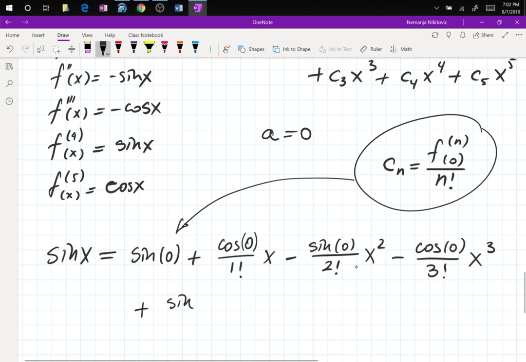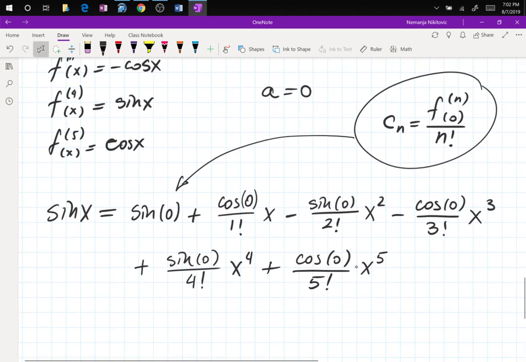So plus sine of 0 divided by 4 factorial x to the 4th. And finally plus cosine of 0 divided by 5 factorial with x to the 5. Every sine 0 goes to 0, killing those terms. By the way, it's plus dot dot dot.